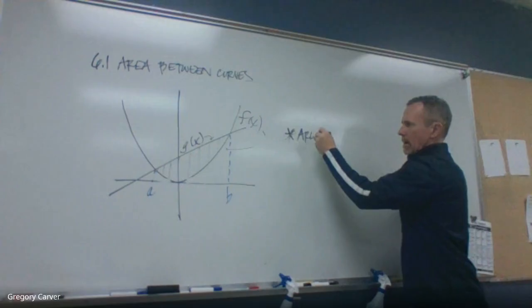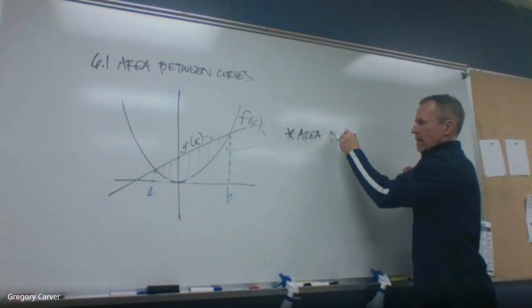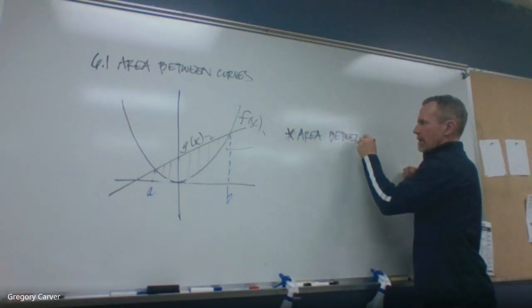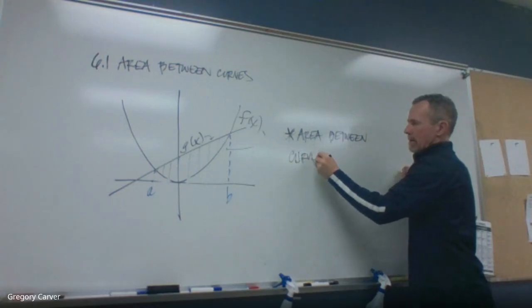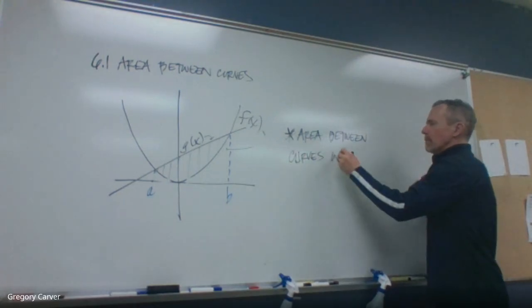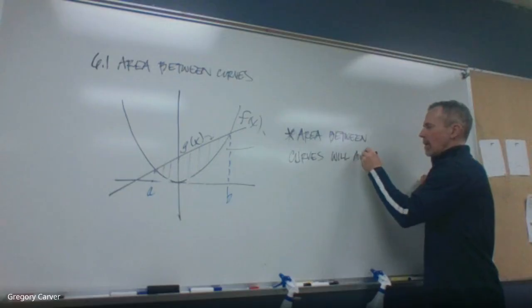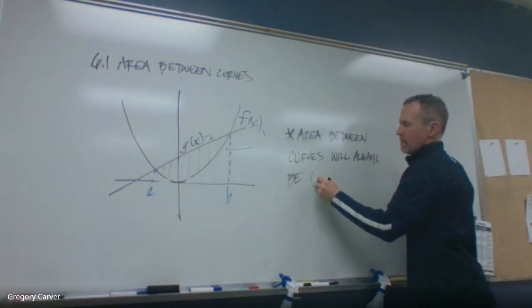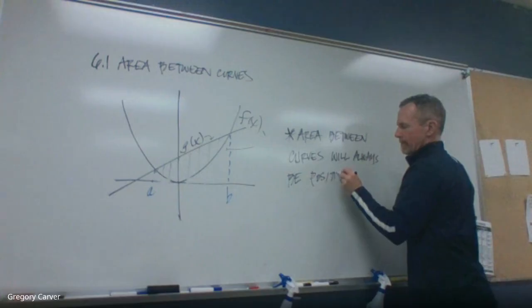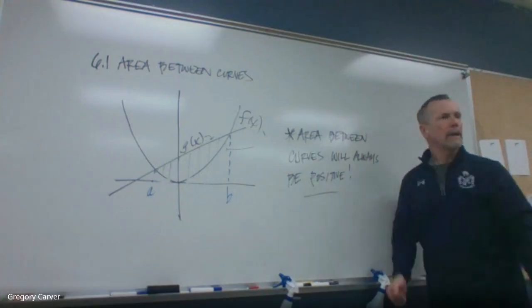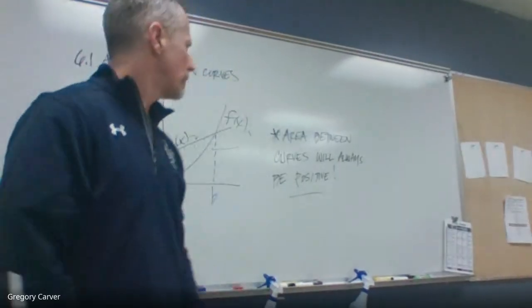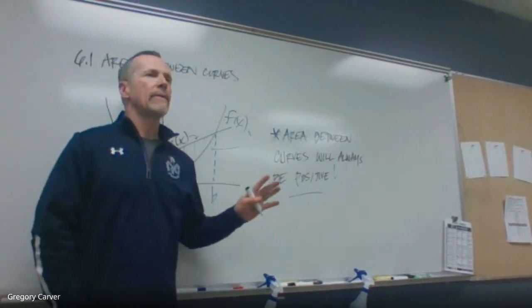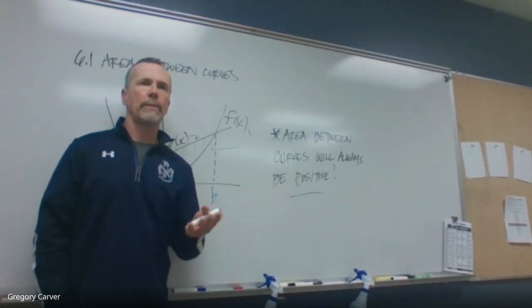Area between curves will always be positive. If you are getting a negative number, there's something wrong.